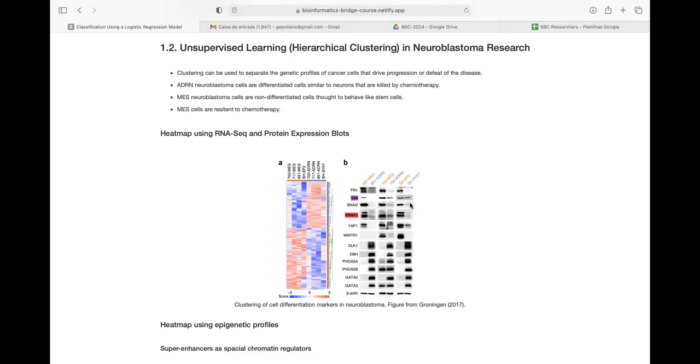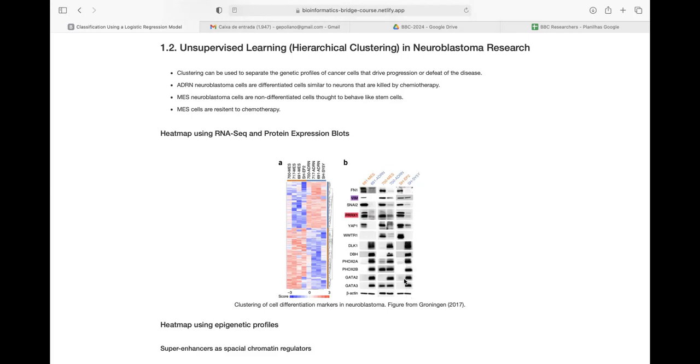By the way, I told you that adrenergic cells and mesenchymal cells can interconvert, even though they have the same genetic backgrounds. That's why we call these cells, for example, Shep cells. These are isogenic cells, which means they have the same genes, but they differ on the pattern of expression of proteins.